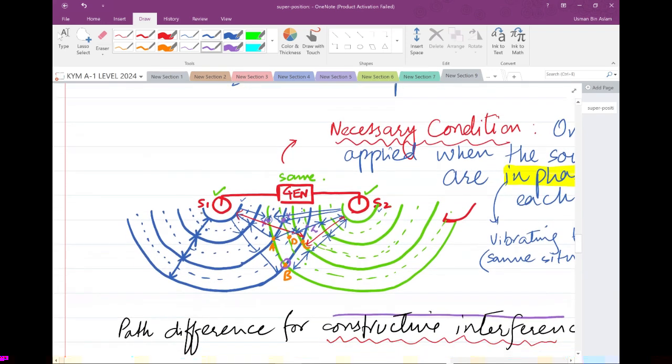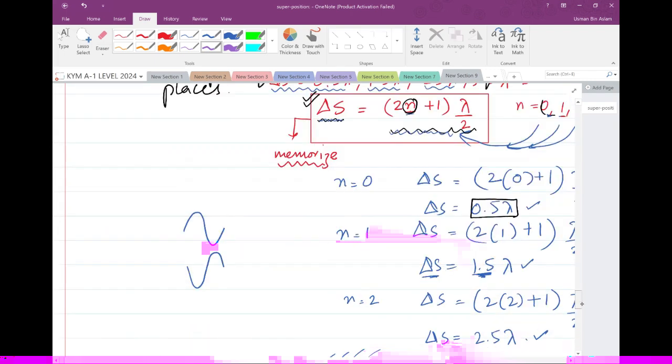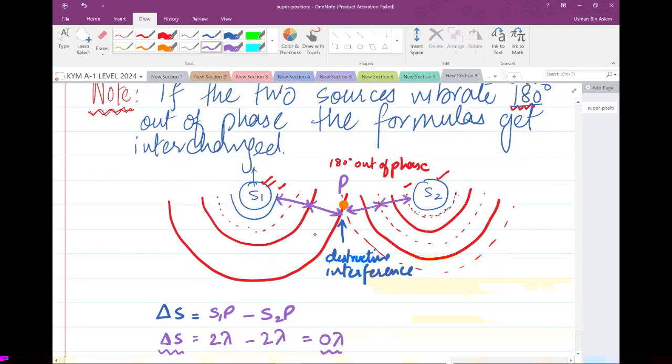You can see the first line for both of them that I drew, this one and this one, they are both bold lines. But in case the sources vibrate 180 degrees out of phase, you can see that here this one is a bold line and this one is a dotted line, indicating that they're vibrating 180 degrees out of phase.